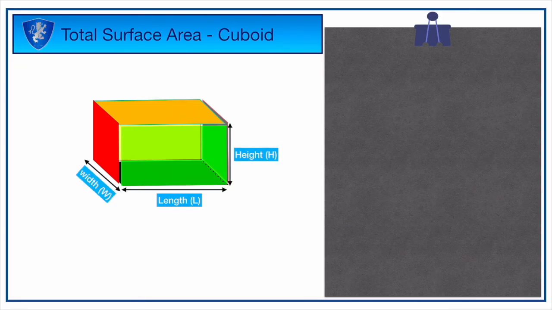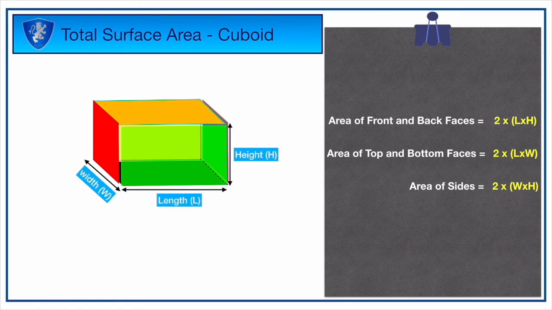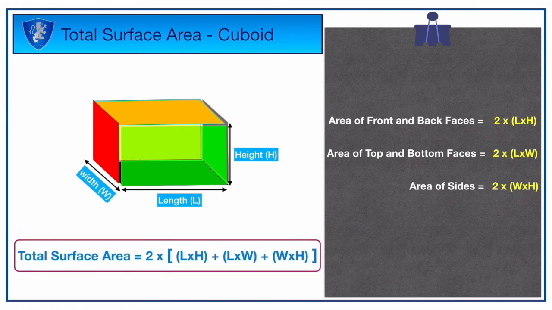And then you have the area of the front and the back faces as twice length times width, and the area of the top and bottom as again twice length and width, and the area of the sides is twice width and height. Now, so that is the rule for finding the total surface area. So it's length times width plus length times height plus width times height, and you double it.